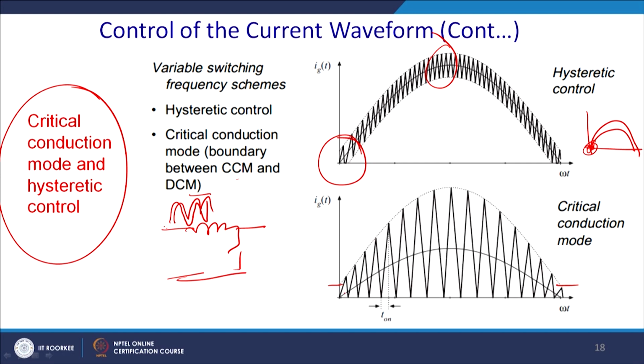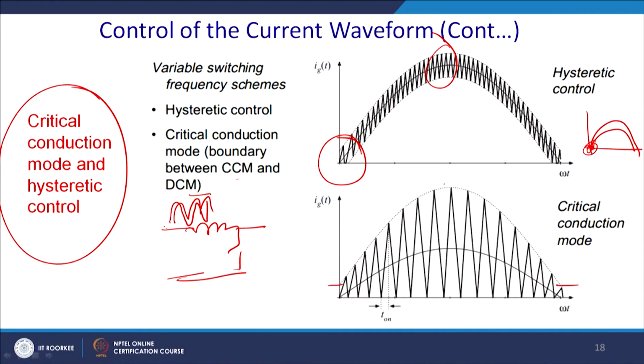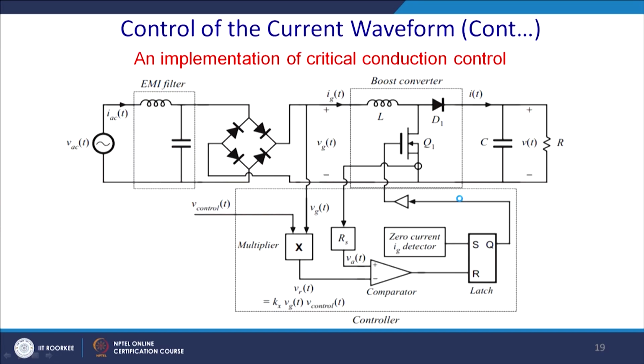Accordingly, as this envelope changes, you allow the current to go and strike this envelope, and thereafter the switch will be turned on. A petal type of waveform you may get, and you may have an interleaved boost converter, where one array is superimposed on another, and you almost get a sinusoidal waveform. So, this is the way of implementing hysteresis control.